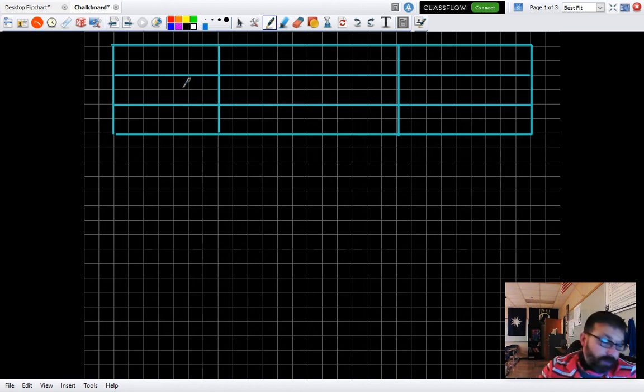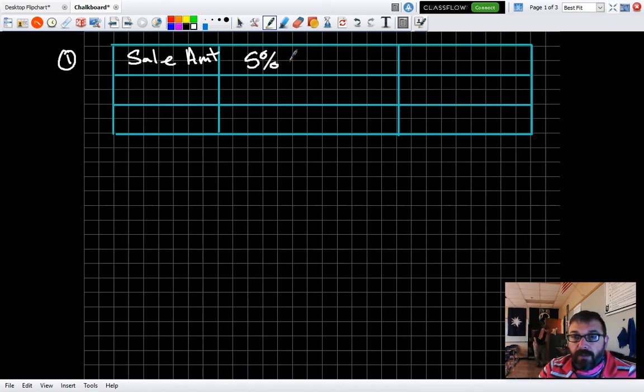So the first one we get, number 1 on this worksheet, has a table. And so it says we have a sale amount, a 5% tax, and a total paid. Now it's important to remember 5% tax.